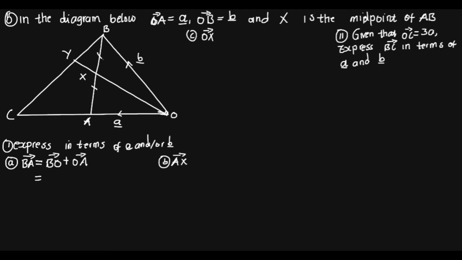Now here the vector OB is equal to vector b. What of BO? BO simply means we are moving against the arrow, so we just introduce the negative sign.